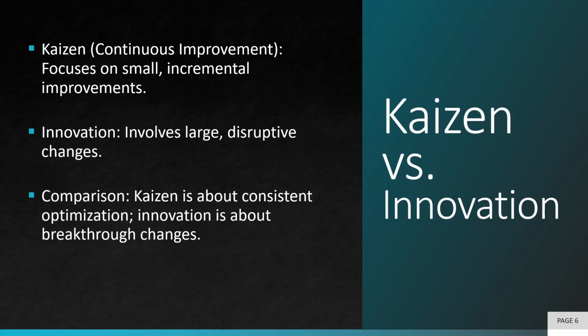Whereas innovation involves large-level, disruptive changes. Innovation can bring large-level changes and make a bigger impact. However, in Kaizen we are focusing on small things, so using small changes we can bring the bigger change. The comparison is: Kaizen is about consistent optimization, innovation is about breakthrough changes.